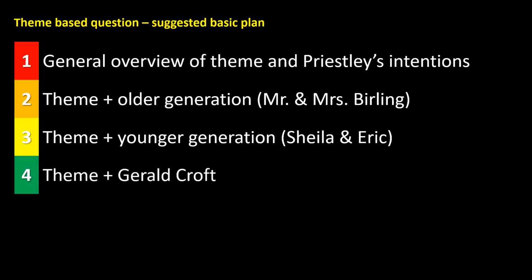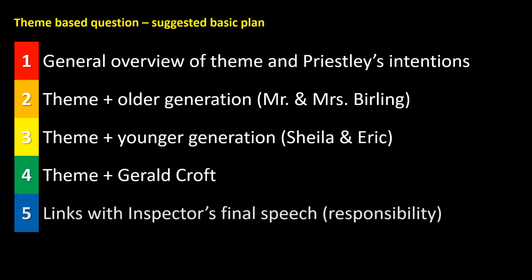Finally, do the same for Gerald, remembering that at first he seems to take his share of the blame for Eva's death, but then goes back on this by the end of the play. It's important to tie the theme to the inspector's final speech about the need for the rich to take responsibility for the poor, before concluding by summing up an answer to the question in a couple of sentences.